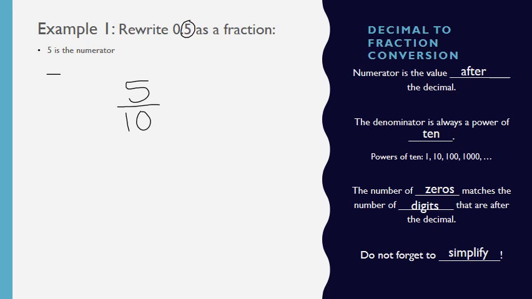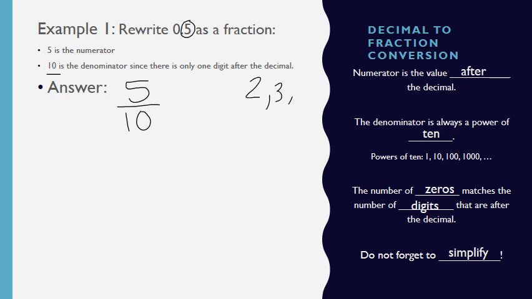I'm going to be checking for 2, 3, 5, and 10. We're not divisible by 2 because 5 is not divisible by 2. We're not divisible by 3 because 5 is not divisible by 3. We are divisible by 5, so I'm going to divide by 5.